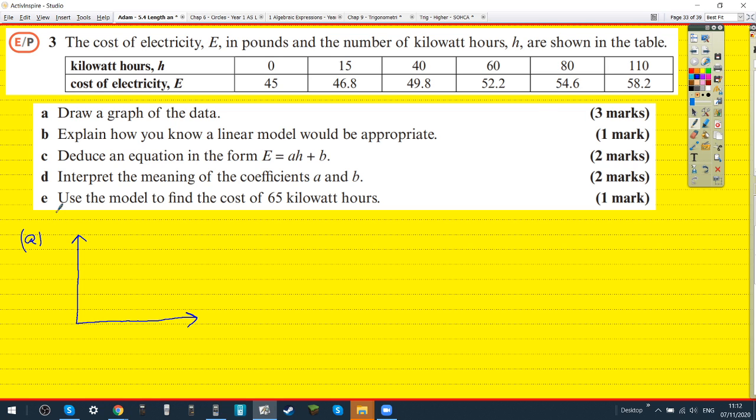And so what coordinates will be on the line? 0 and 45, 15 and 46.8. Yeah, that's okay. So draw a graph of that data. So 0, 45 is going to be a strange one because that's there. Yeah. And then we've got lots of other stuff going on. It looks like something like that.